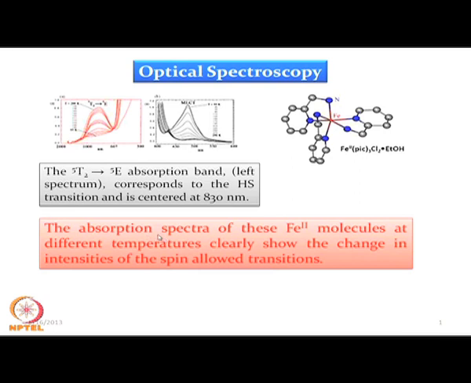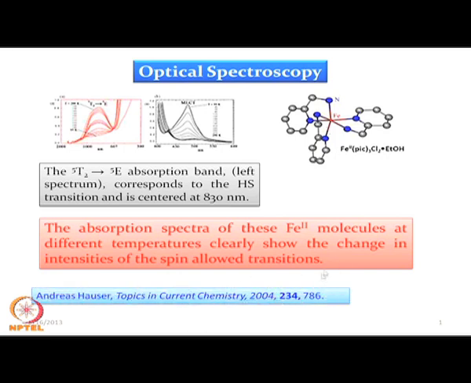That means in the high spin state, without any change in the spin state, this particular conversion can also be taking place. But if we have a corresponding change for the low spin compound, then definitely the band position for the characteristic high spin signature will also be diminishing with the change in temperature. This particular work has been cited in a Topics in Current Chemistry 2004 paper.